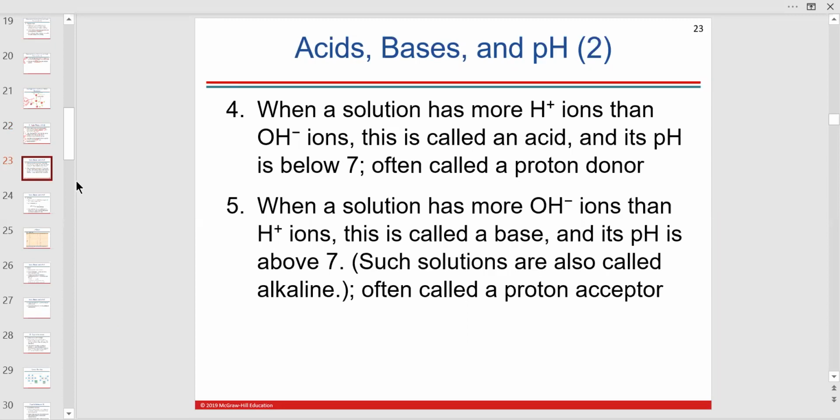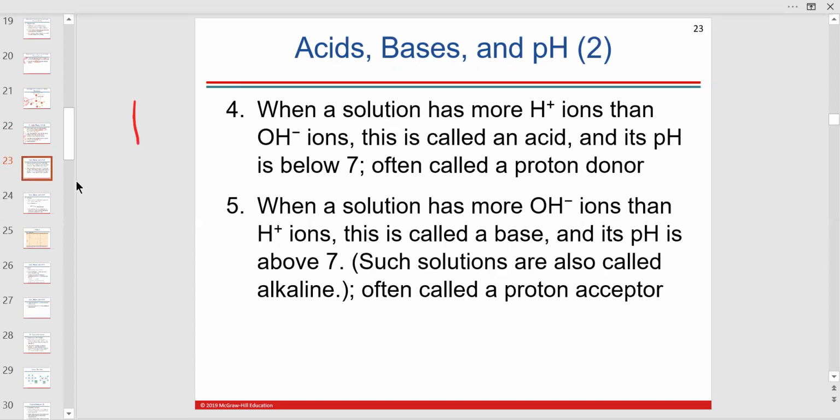All you have to do is remember that 7 is neutral in the laboratory, and anything above 7 is alkaline, a lower concentration of hydrogen. So maybe say concentration of hydrogen. pH is just a scale. The higher the pH goes, the lower the concentration of hydrogen.